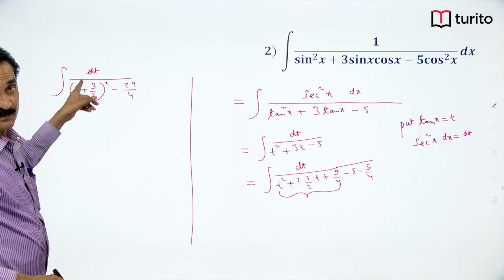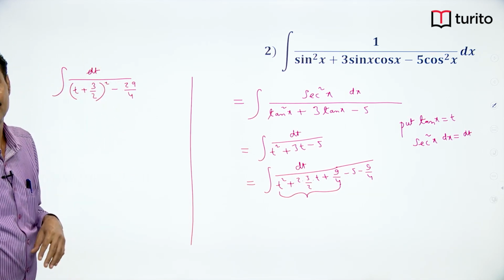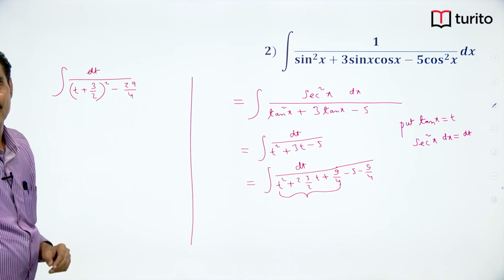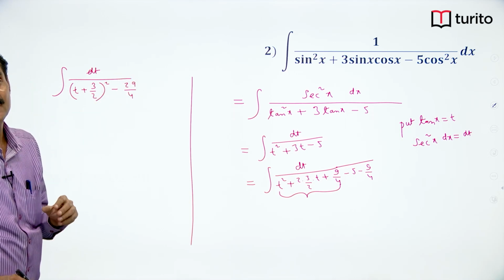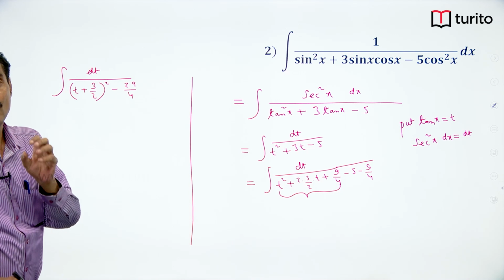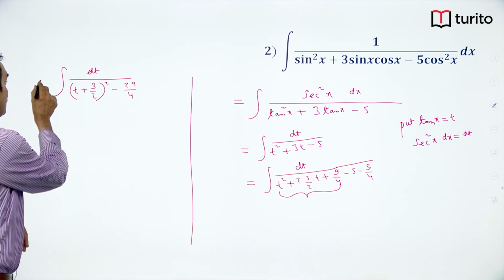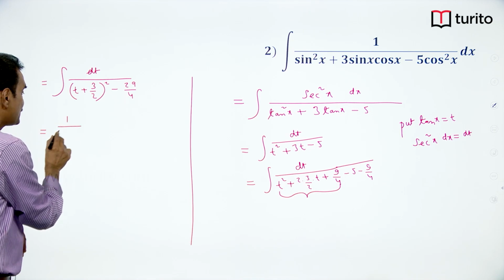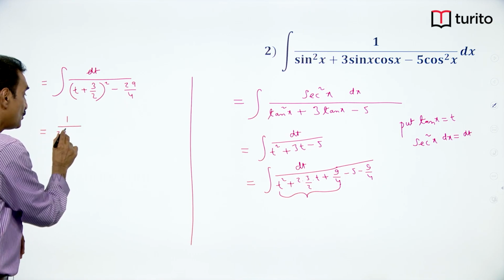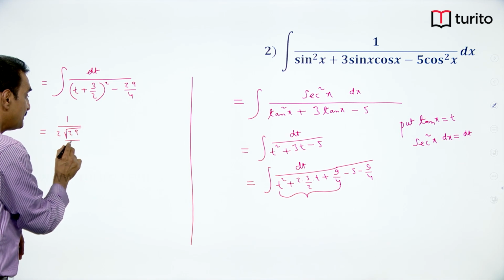It is in the form of 1 by x square minus a square. This is a square. Integral 1 by x square minus a square is 1 by 2a log mod x minus a by x plus a. 1 by 2a means 1 by 2 root 29 by 2.